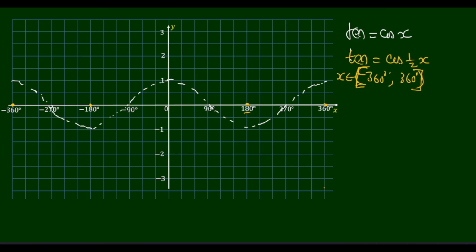We go back to our calculator. Now our step is going to be 180 degrees, but we're drawing from negative 360 degrees to 360 degrees. Okay, let me change this. Let's draw this from negative 90 degrees to 360 degrees. Okay, like that. So negative 90 degrees, where will this graph be?